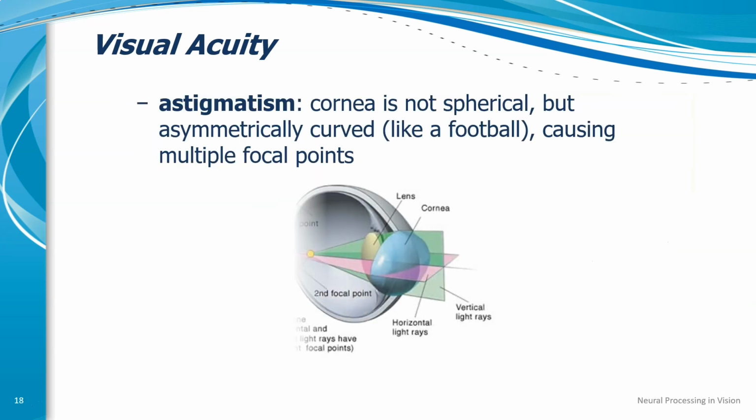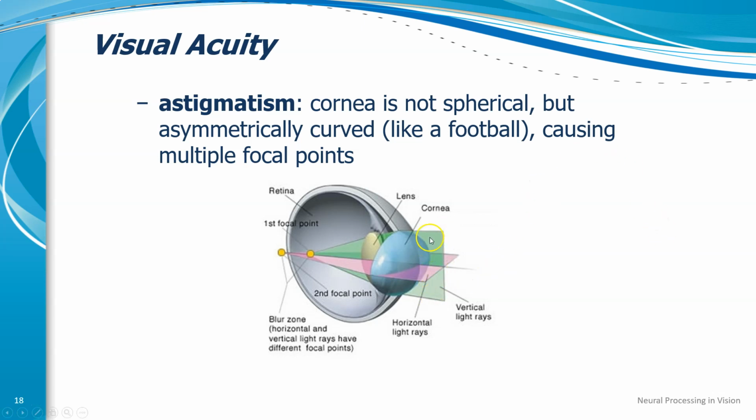Like astigmatism. Now, this is a problem with the cornea not being perfectly spherical, but kind of football-shaped. It's called asymmetrically curved. And as a result, not all of the incoming light rays get focused at the same point. So it kind of depends if you're seeing a vertical line versus a horizontal line, as it shows in this example.